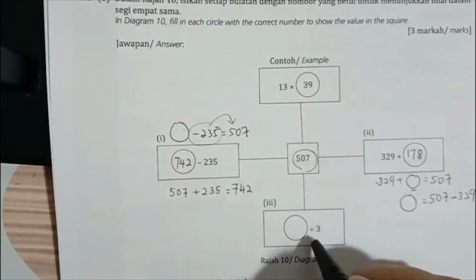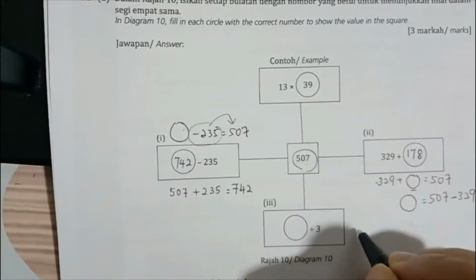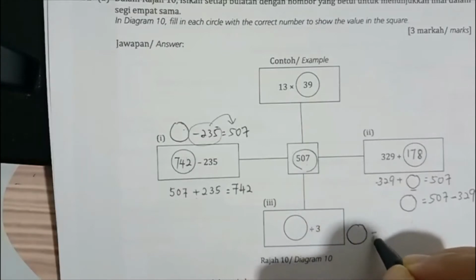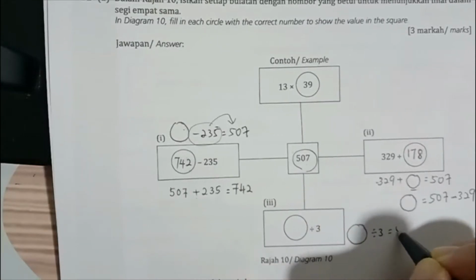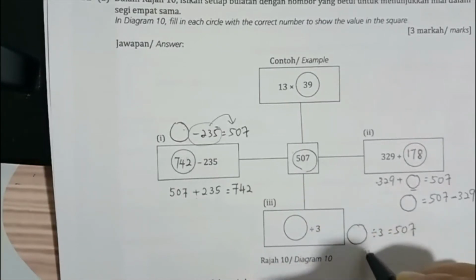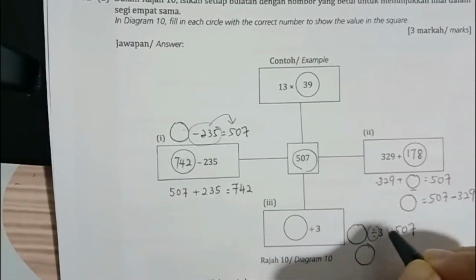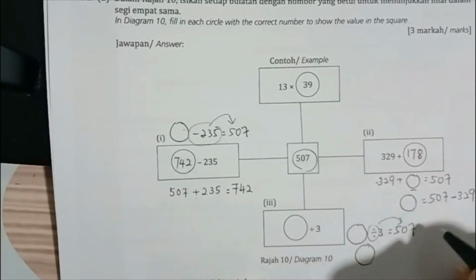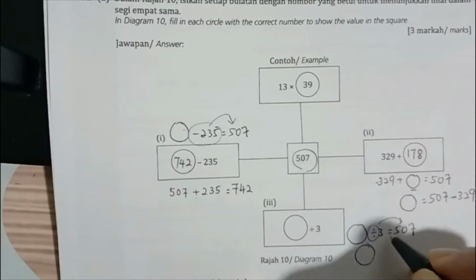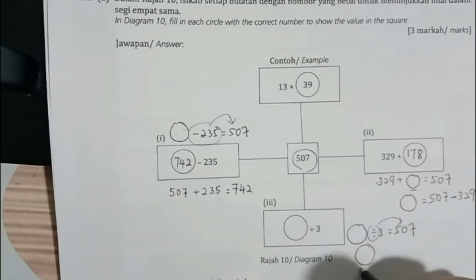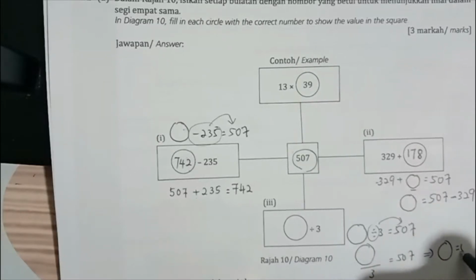Okay, and then this one is divide. So meaning the circle divide 3 equals to 507. Then this one is divide, and once you transfer here, it becomes multiply. Or you can write this way, circle divide 3 equals to 507. Thus you get circle equals to 507 times 3.